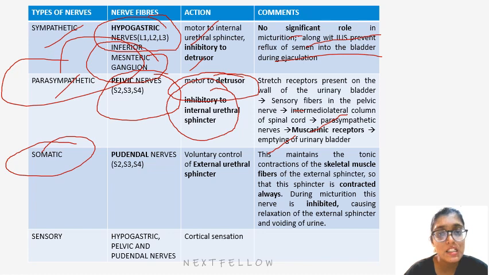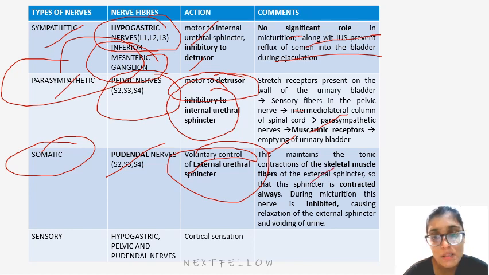In the somatic system, the pudendal nerves consist of S2, S3, S4. It provides voluntary control of the external urethral sphincter. This maintains the tone of the contractions of the skeletal muscle fibers of the external sphincter so that the sphincter is always contracted. During micturition, this nerve is inhibited and there is relaxation of the sphincter and voiding of urine. The sensory supply of the bladder is the hypogastric, pelvic and pudendal nerves.